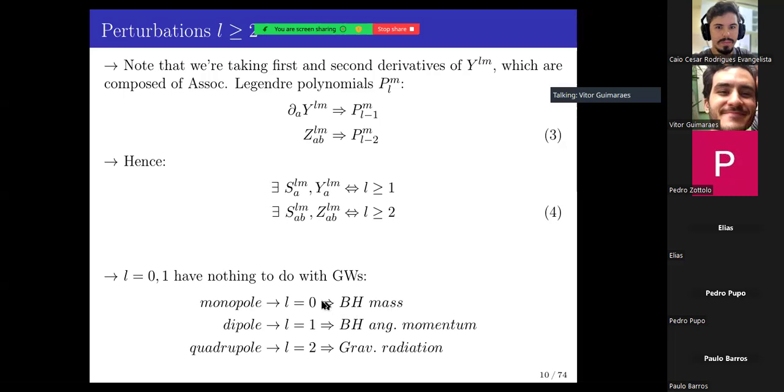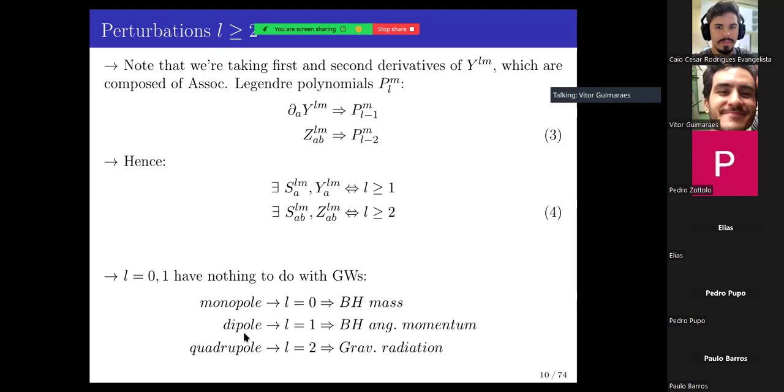So perturbations that are caused by some source that is constructed from a monopole will only affect the black hole mass.